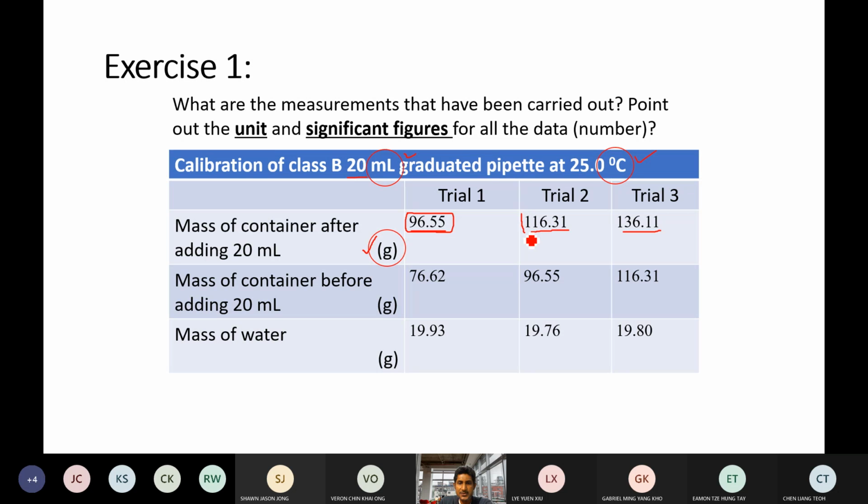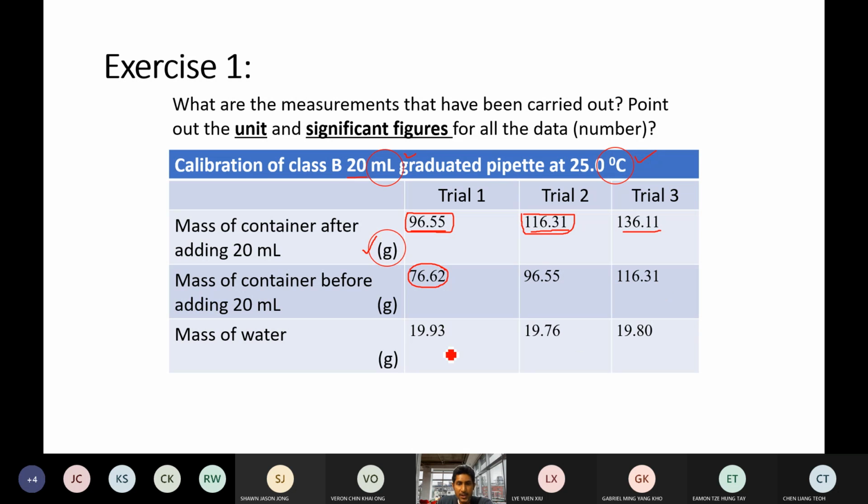Second trial, it is giving us quite big, 116.31, and then 136.11 for trial 3. This is the mass of water plus the container. And the mass of the container only, before I put water into it, was, for trial 1, 76.62, and then 96.55, and then 116.31.